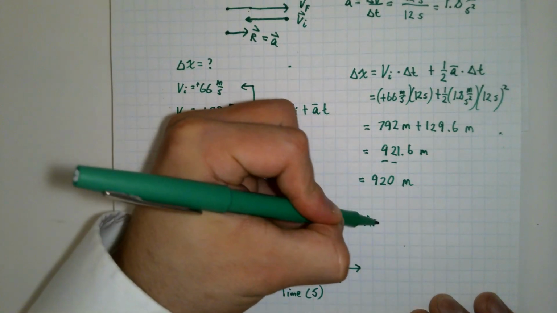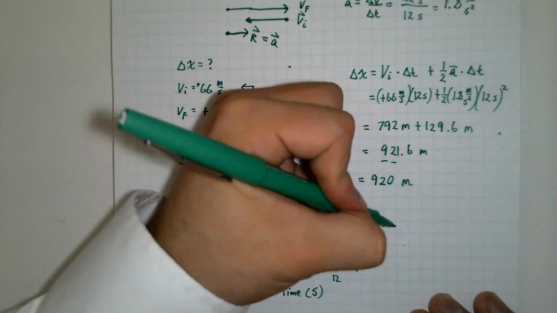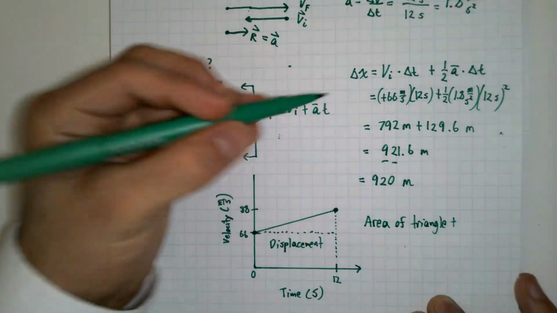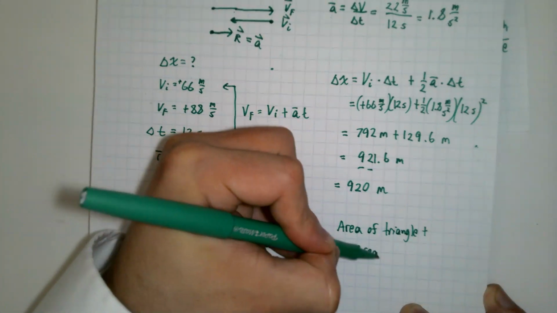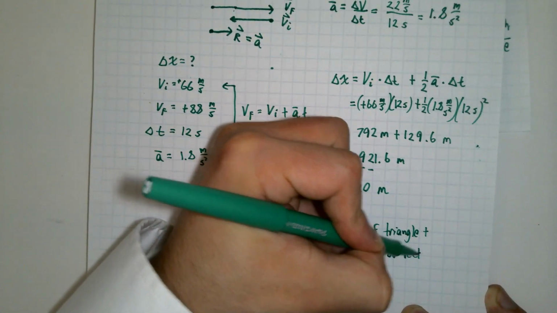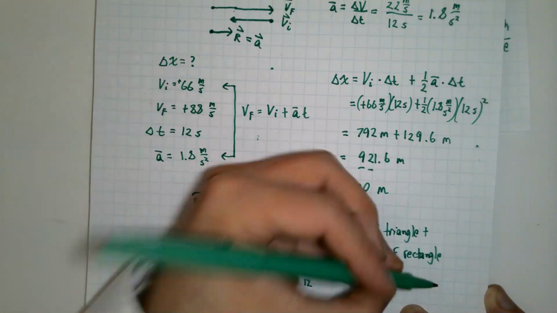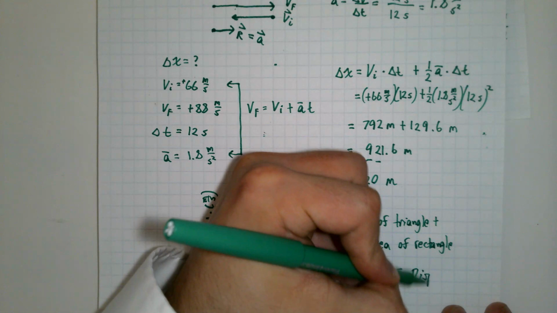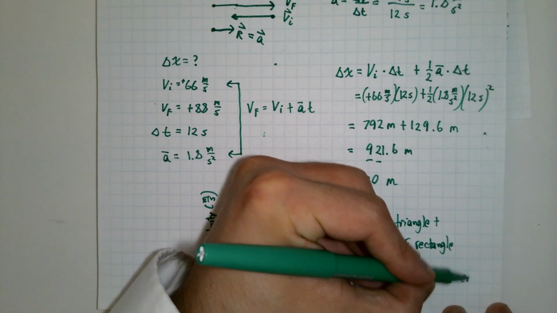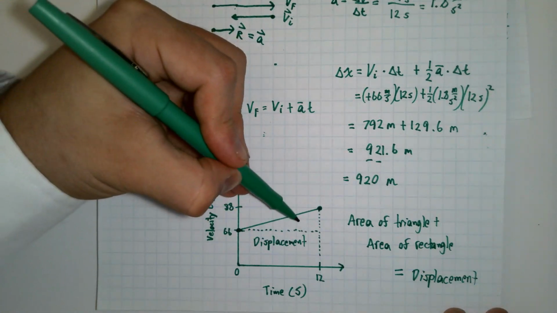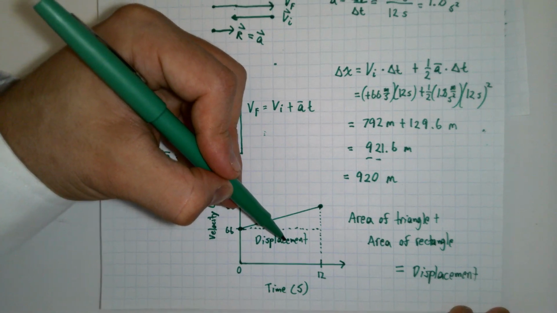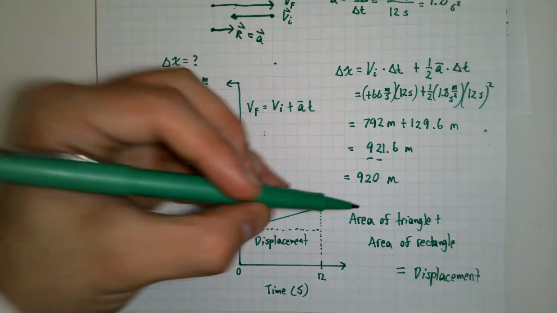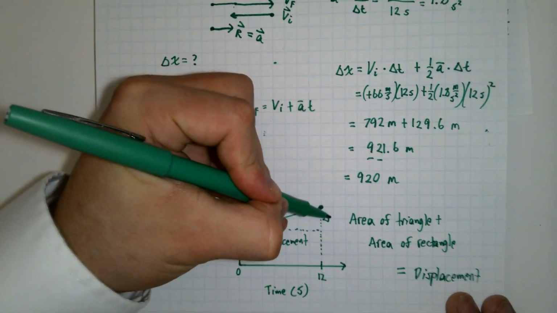If I found the area of my triangle, and added that to the area of my rectangle, together those give me the displacement. I would find that the geometric value of the area of this triangle and this rectangle gives me 920 meters.